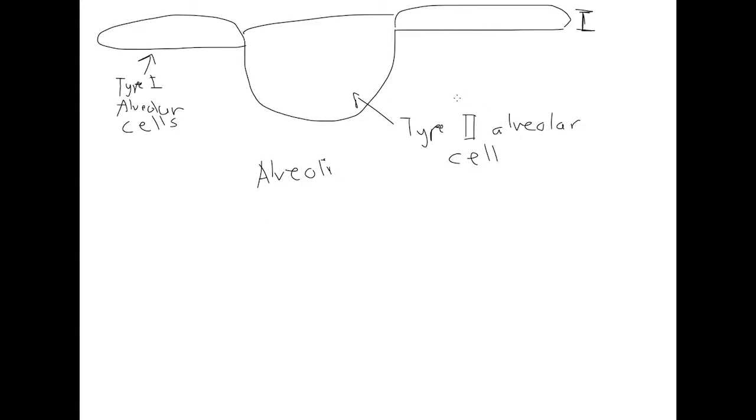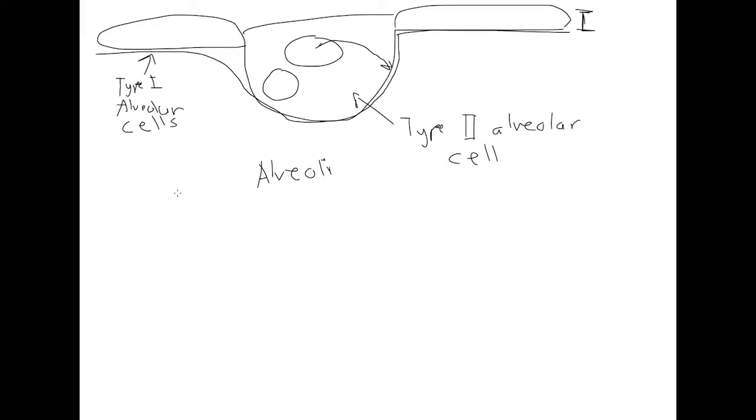But the difference is that type 2 alveolar cells actually have lamellar bodies, and they are going to produce surfactant. Surfactant will actually line the outside of these alveolar cells, and that is going to reduce surface tension.